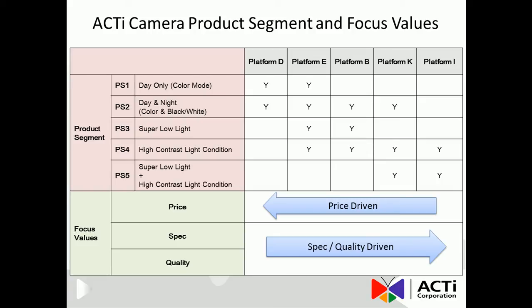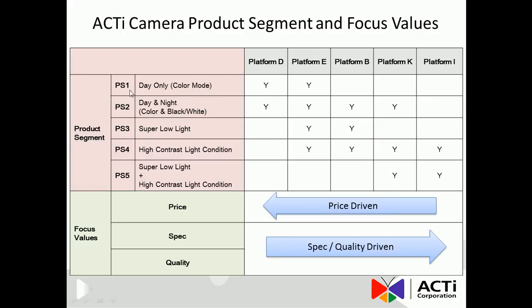On the left hand side, we actually divide all the products into 5 segments from PS1 to PS5, starting from day only to super low light plus high contrast low lighting. And according to the different platforms, for example, platform D, we define it to be an entry-level platform.